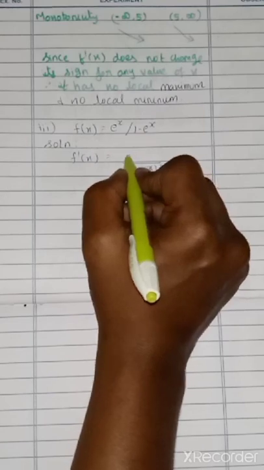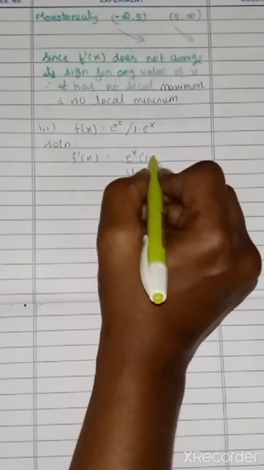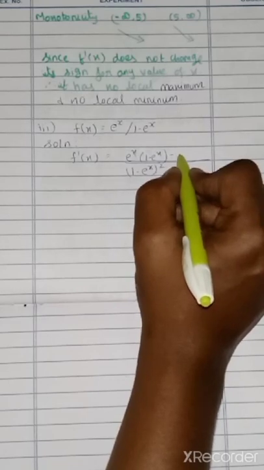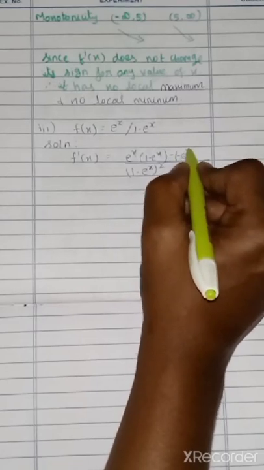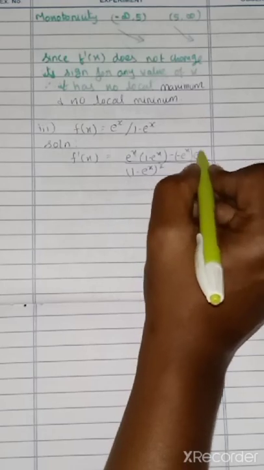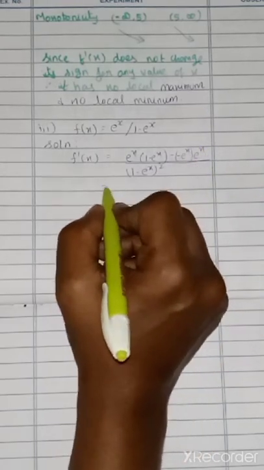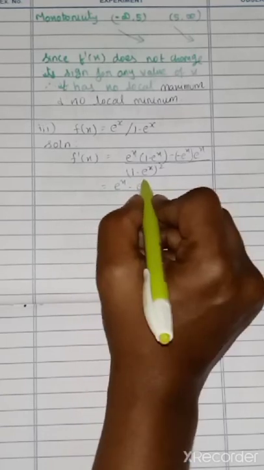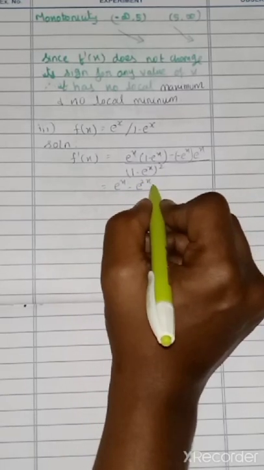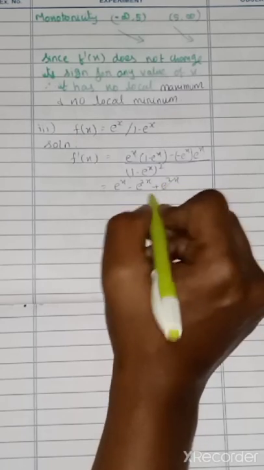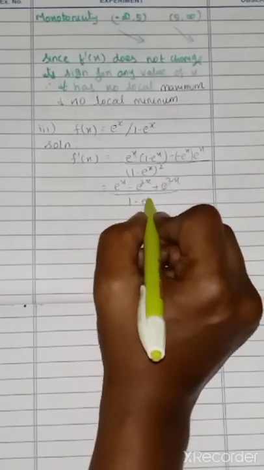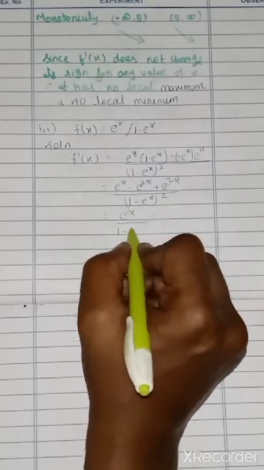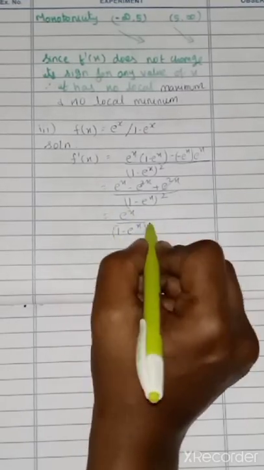When we differentiate, the denominator as it is, minus the denominator differentiated, which gives minus e power x, and the numerator as it is. Correct? So again, simplifying, e power x minus e power 2x, minus into minus plus e power 2x. So these two cancel out, by (1 minus e power x) the whole square, that is e power x by (1 minus e power x) the whole square.